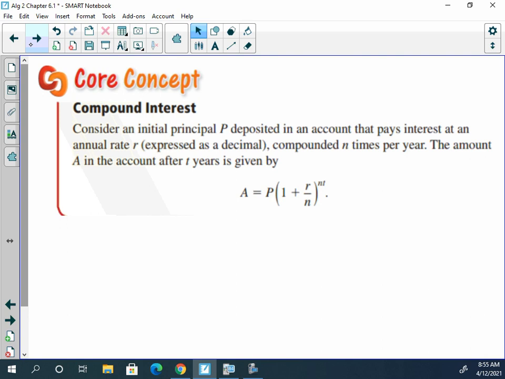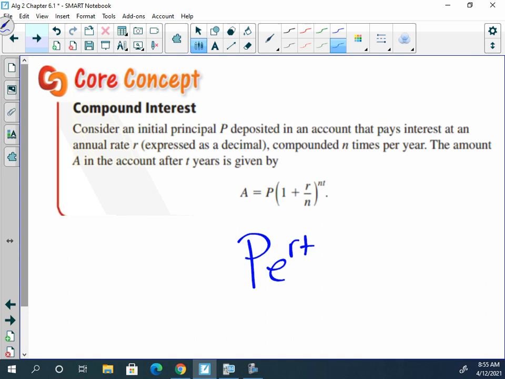PERT, or A equals P times 1 plus r over n to the nt. The other one is PERT. These here are compound interest. PERT is continuously compounded, or essentially the first equation, where the number of times that interest is accumulated is 12. And these here are just different equations that we can have. But I'm really focused on the exponential growth and exponential decay at this point.